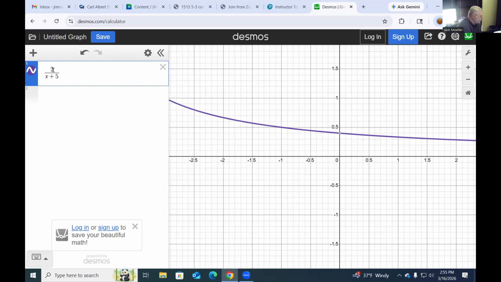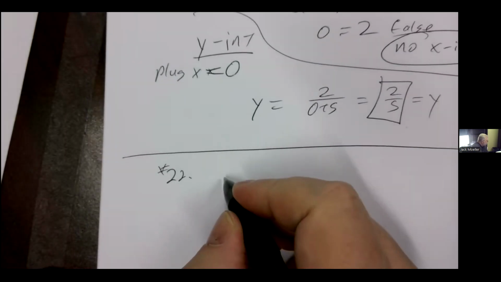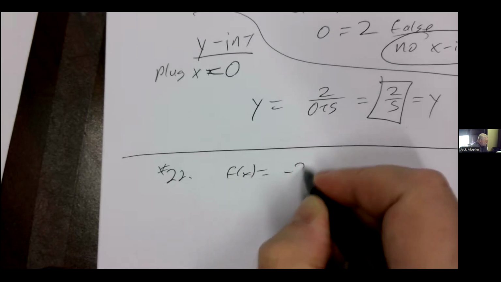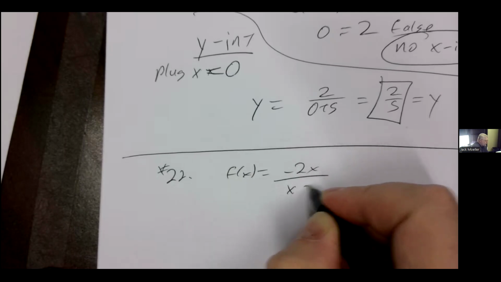So let's do 22. It's got an x on top, so that'll help us with the x-intercept. So f of x is negative 2x over x minus 4.